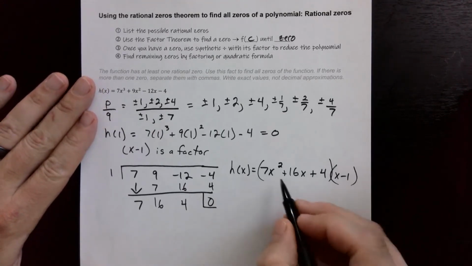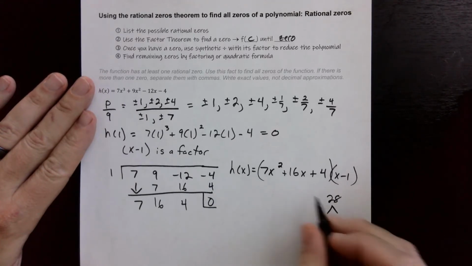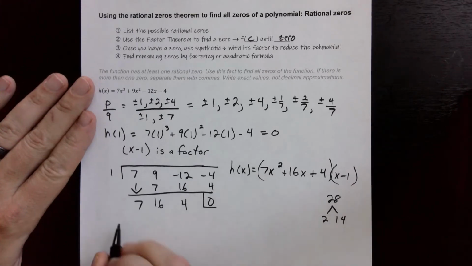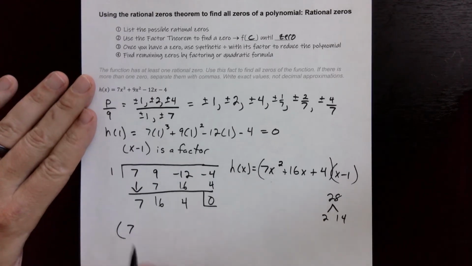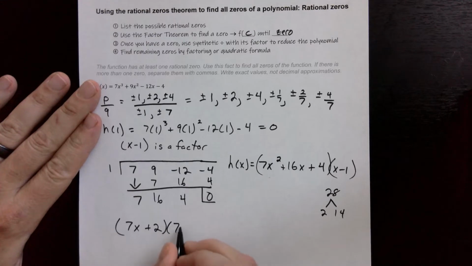If we multiply 7 times 4, we get 28. Two numbers that multiply to get 28 but add to get 16 are 14 and 2. I'm going to put 7 in the beginning of both parentheses because that's how I factor. So 7x plus 2, 7x plus 14, and of course we've got the x minus 1.